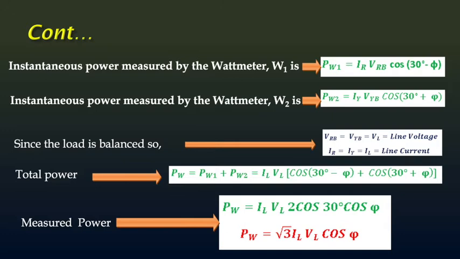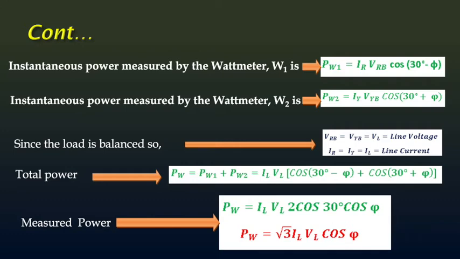The phasor diagram of the line voltages and currents and the voltage measurement by the wattmeters is shown in figure 2. Let us consider the phase difference between the line voltage and line current to be phi. From our previous discussion, we know that the angle between VR and VRB is 30 degrees. From the phasor diagram, the phase difference between IR and VRB is 30 minus phi.